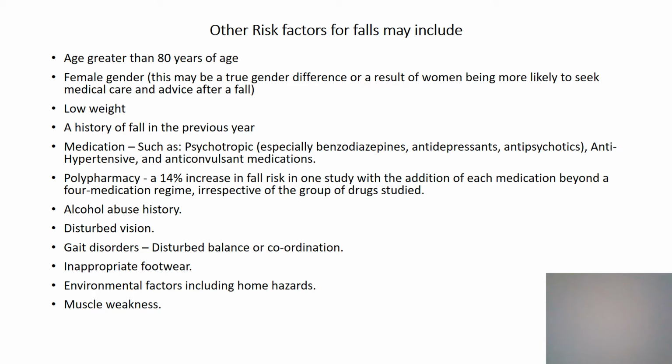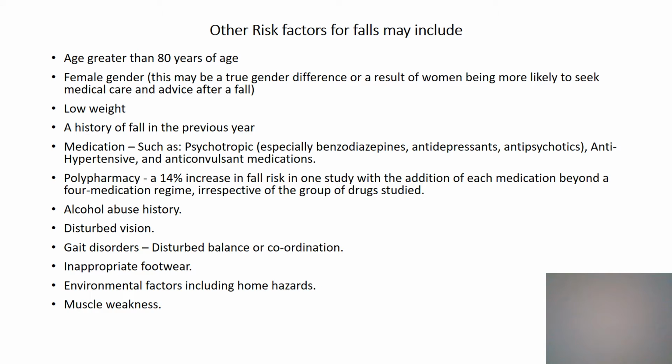So we want to look at trying to reduce any possible medications that really aren't a good factor at this point. Disturbed vision. If their vision isn't doing well because of glaucoma or blurriness, these too may cause problems. Gait disorders, inappropriate footwear.